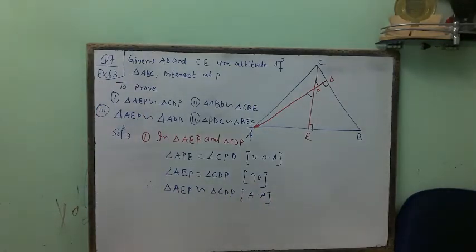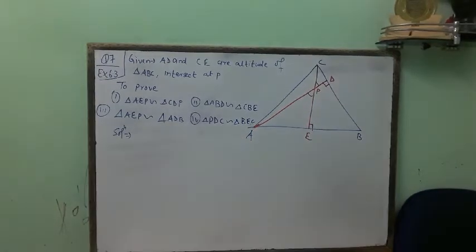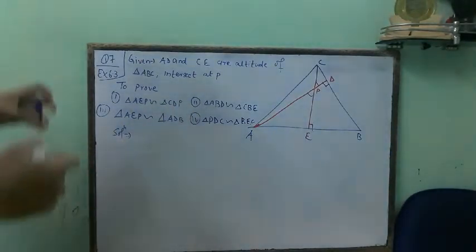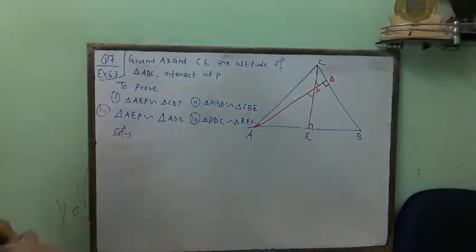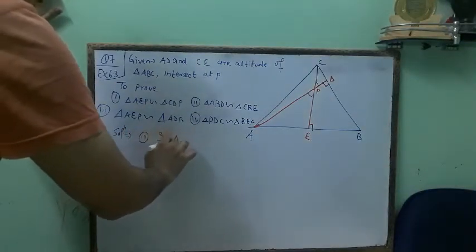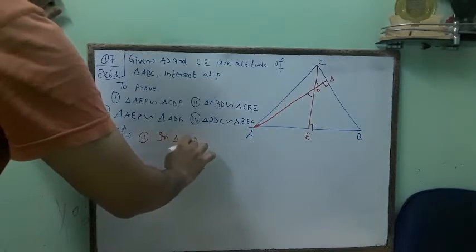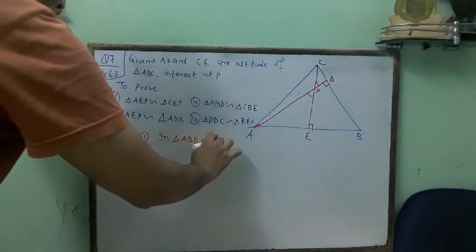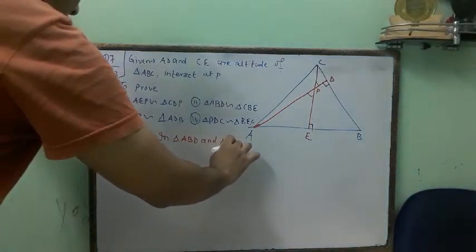Let's move to the next triangle and see how we will prove this one. Now for the second we will use the same process. So first we will write in triangle ABD and triangle CBE.